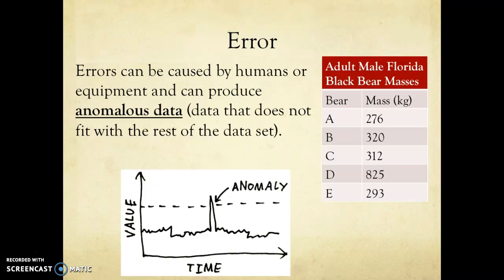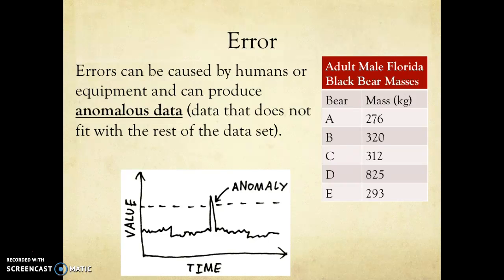So for example, in the data chart off to the side of this slide, the adult male Florida black bear masses, if you look at that, there's 5 different bears and their mass is listed. Now, most of them fall somewhere between the lower 300 kilograms and upper 200.